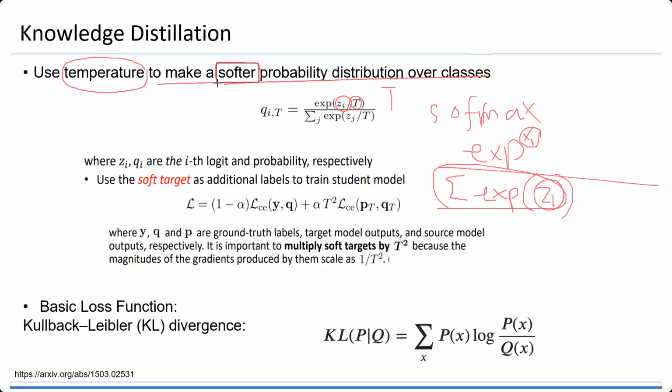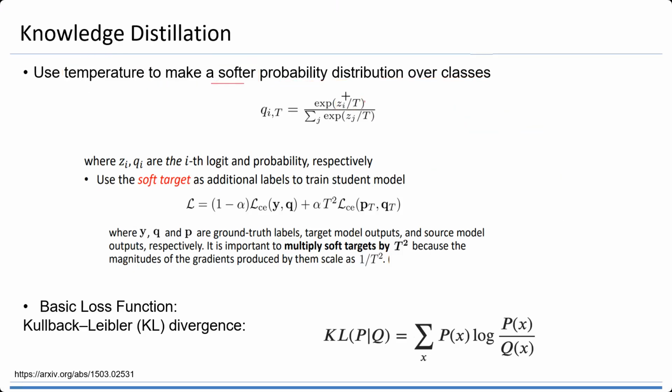What does it mean by softer? Sometimes we need to soften the z value. We can adjust T to be high or small. If it is high, then any value z_i divided by a high value, for example divided by 10, will become very soft, or very small.